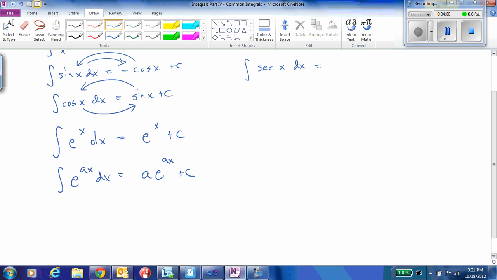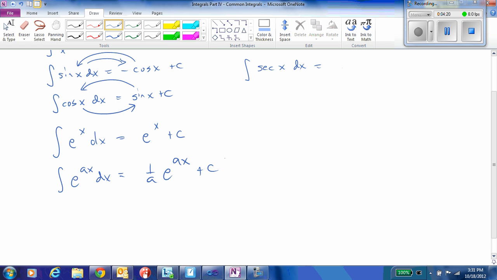I think I just got that wrong. I just wrote the derivative, not the integral. So let's back up here. And it's really 1 over a e to the ax plus constant. So there's some that are particularly simple. Those are the ones that we're going to worry about.